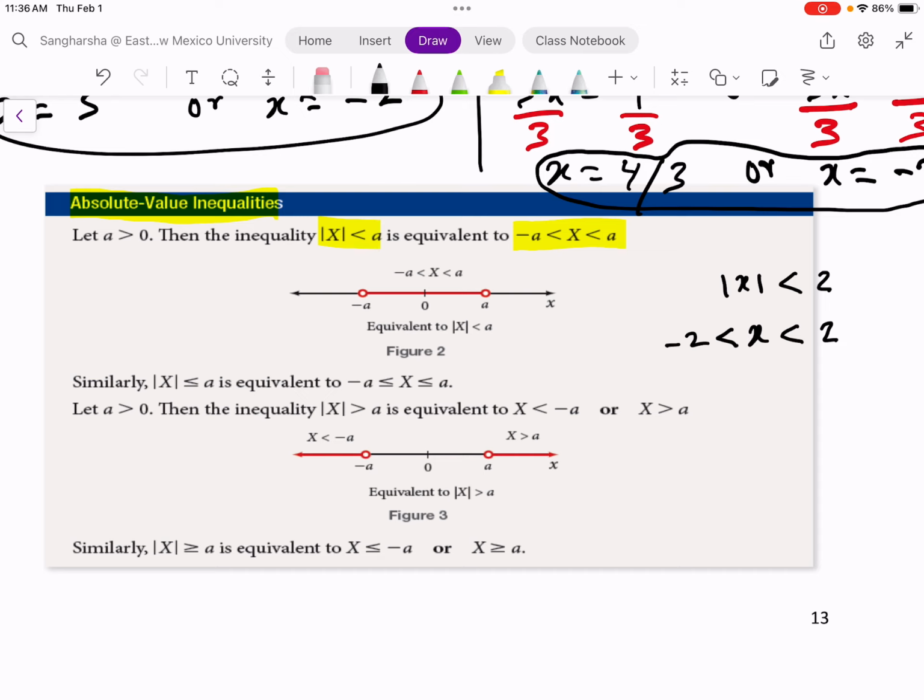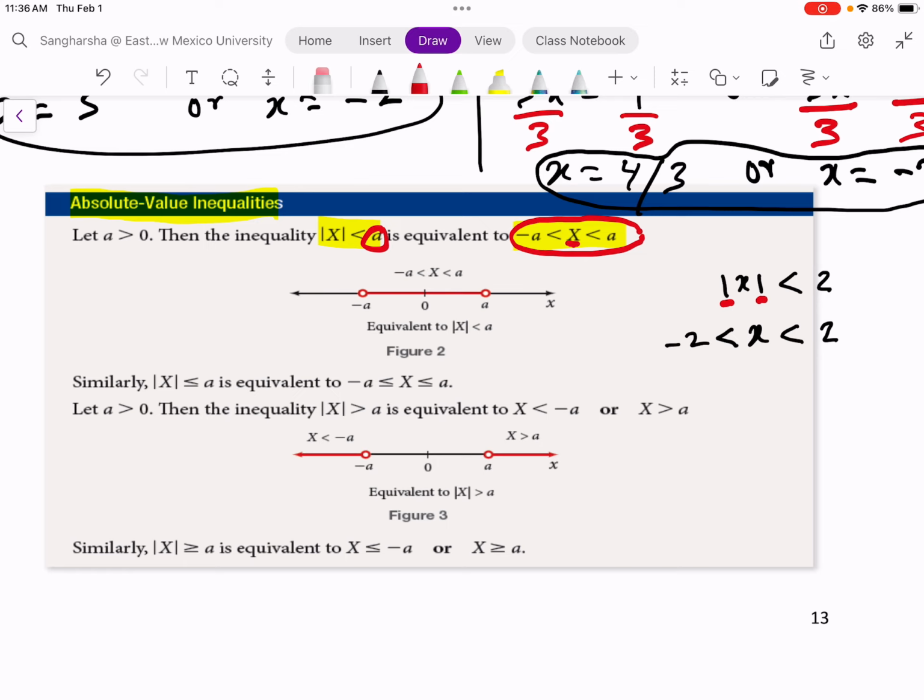In the first one we had an absolute value, and in order to get rid of it, we use this definition. Whatever you have inside the absolute value is greater than the negative of this number and less than the positive of the same number. This is one definition.